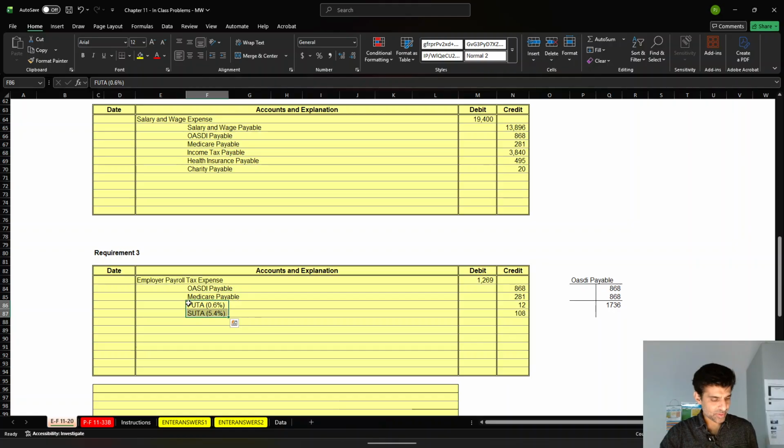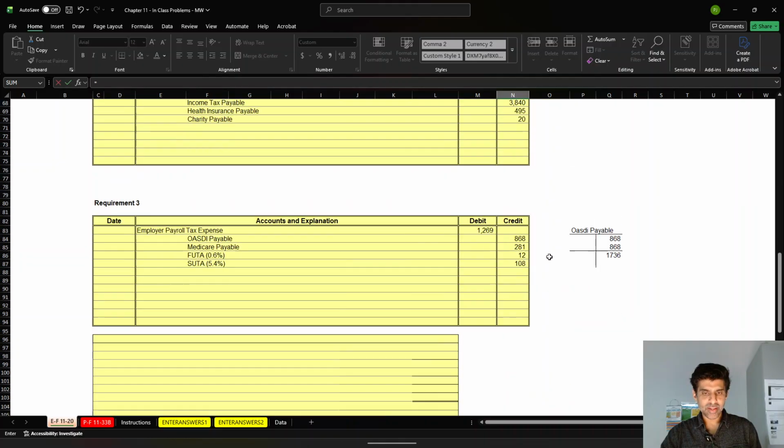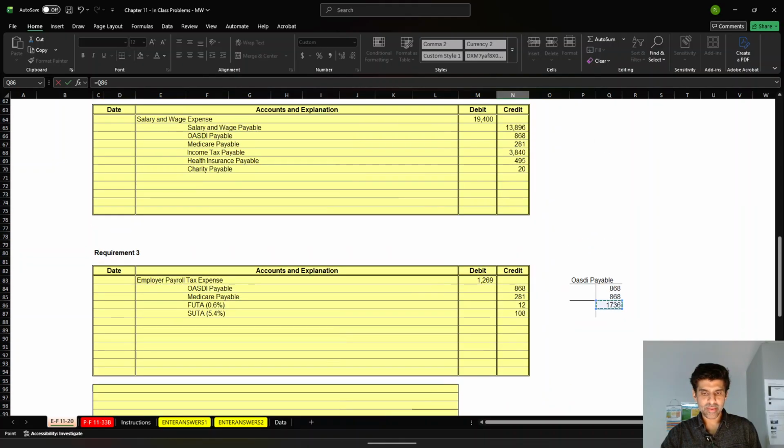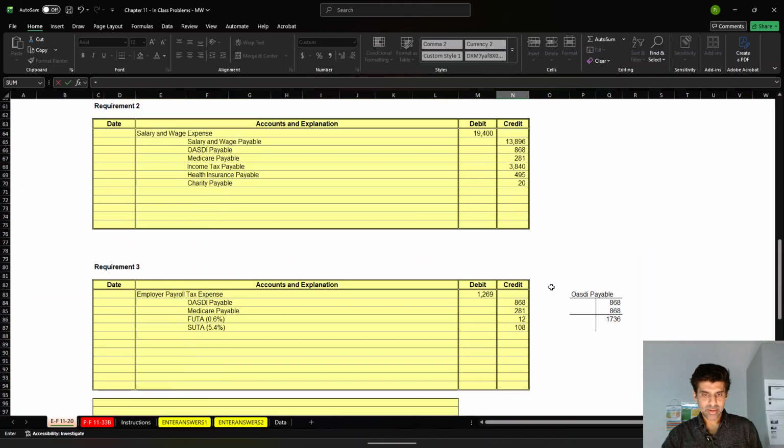And then I just have these additional 2. Okay, and then the amounts, again, OSDI is going to be this, which is 2 times 868. Medicare is going to be this 281. I'm just going to do times 2. Because you can see again, it's matched here for the employee payroll.